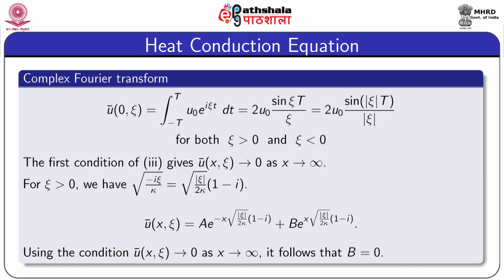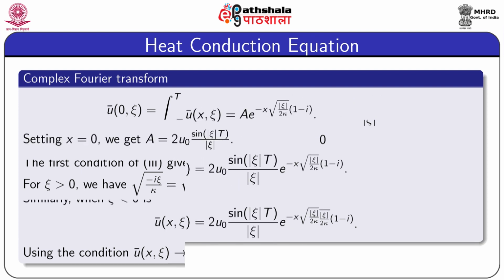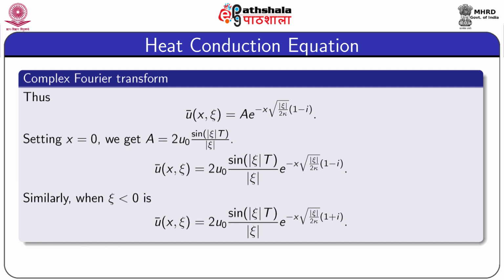So, B cannot be a non-zero number. So, the only option is B is equal to 0. Therefore, the general solution can be written as ū = A e^(−x√(|ξ|/2κ)(1−i)).